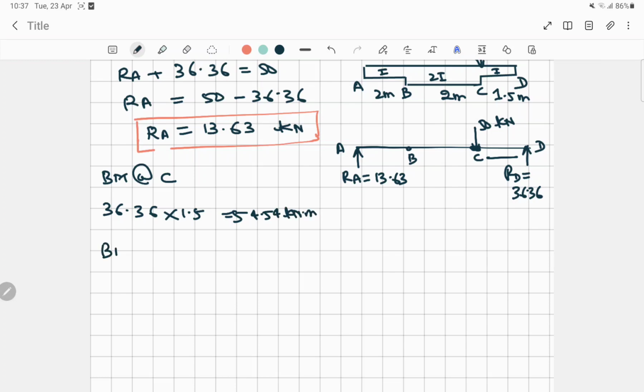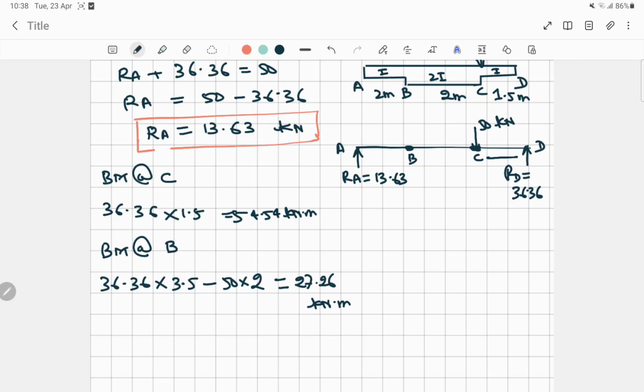Okay, now again bending moment at B. So here this value 36.36 into the distance is 2 plus 3.5, right, and then again minus 50 into to reach here is 2 meter, then we'll get the value around 27.26 kilonewton meter.